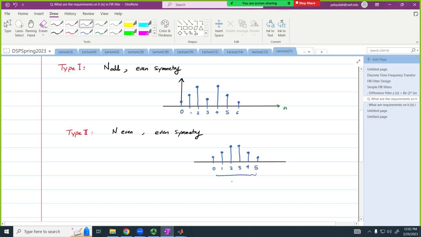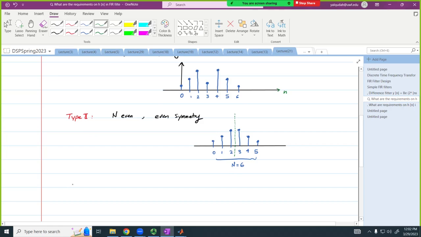And therefore, N equal to 6. 6 minus 1 is 5 over 2, 2.5. So I have to have a symmetry around this point here, and I have an even symmetry. Make sense? Okay.